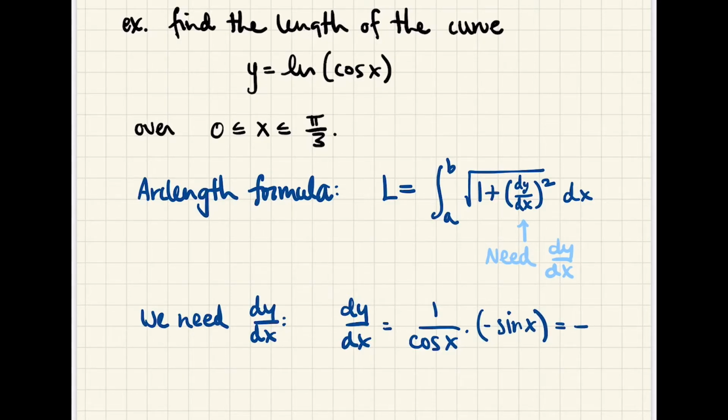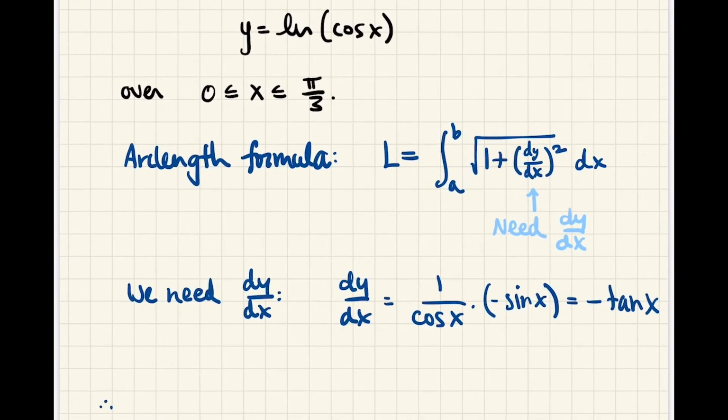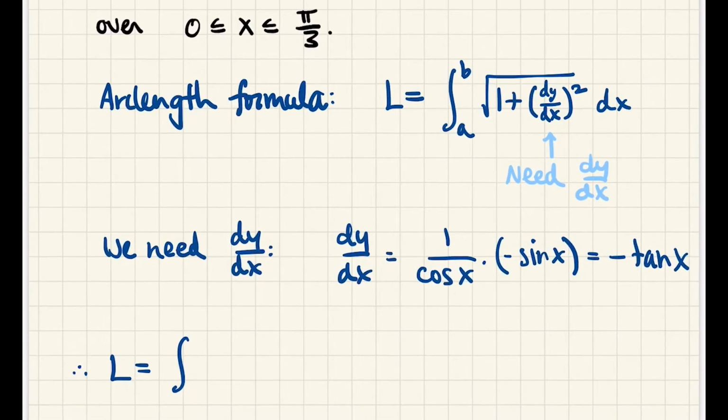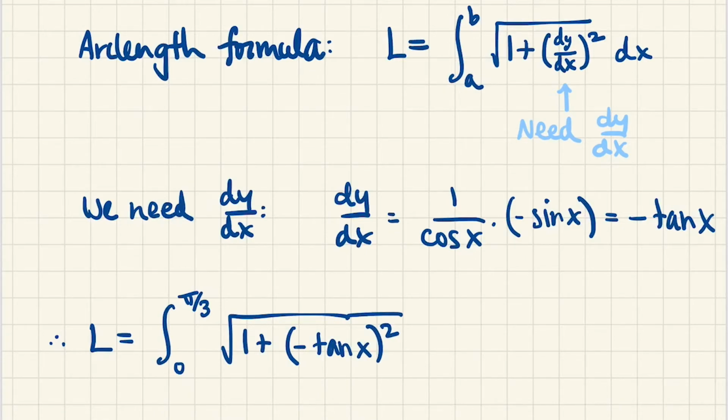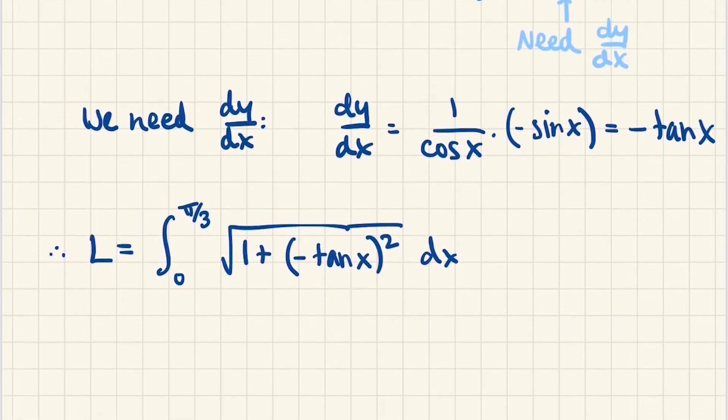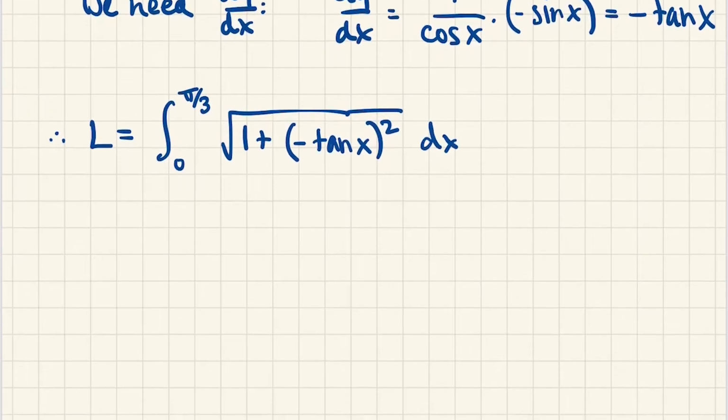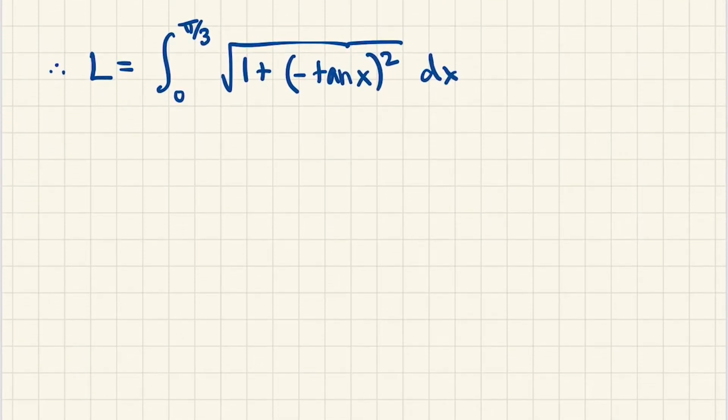So this comes out to negative tangent of x. All right, so therefore our length is the integral from 0 to pi over 3 of the square root of 1 plus dy dx, which is negative tangent of x, and that quantity is being squared, dx. So this is our setup, and from this moment forward, it's now just work out the integral mechanically, right?